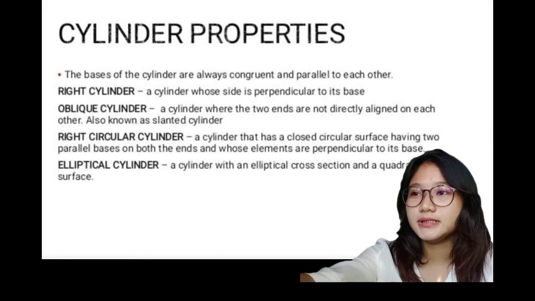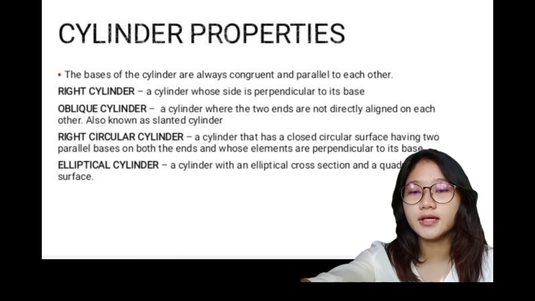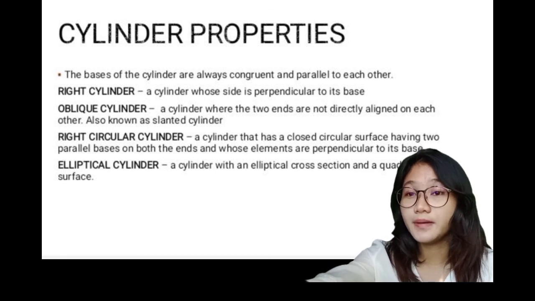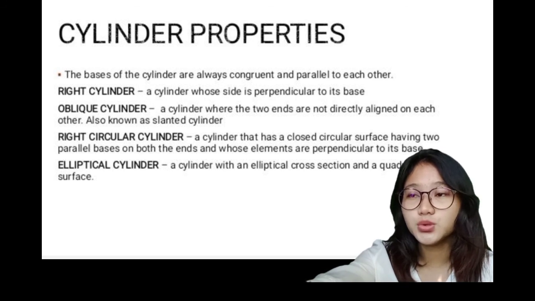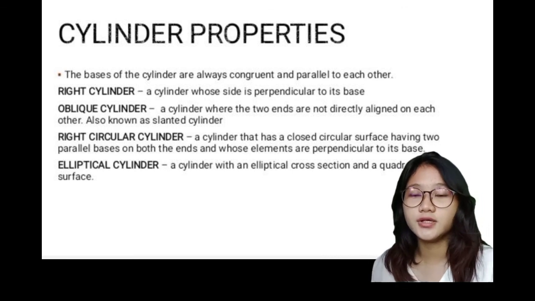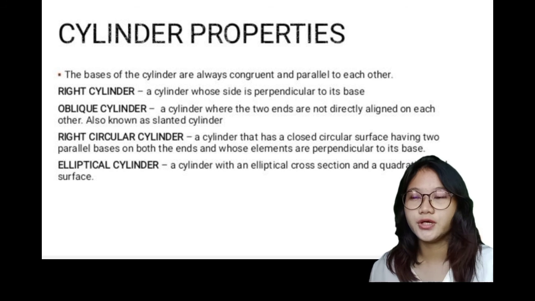Cylinder properties. The bases of the cylinder are always congruent and parallel to each other. Right cylinder is a cylinder whose side is perpendicular to the base. Oblique cylinder, a cylinder where the two ends are not directly aligned with each other. It is also known as the slanted cylinder.